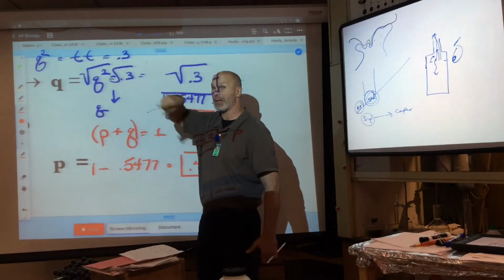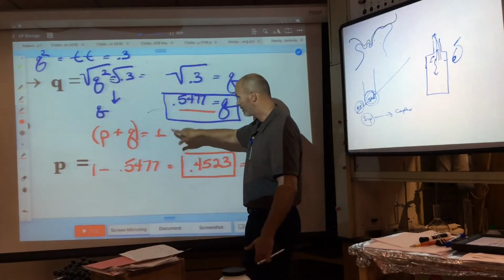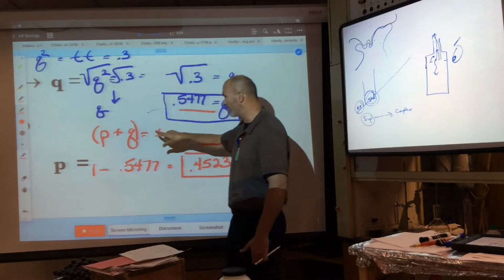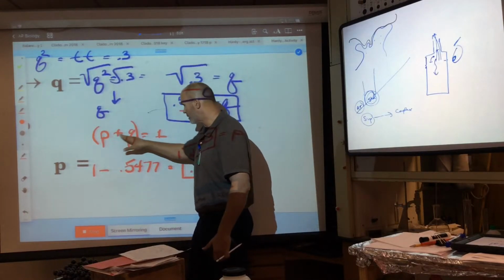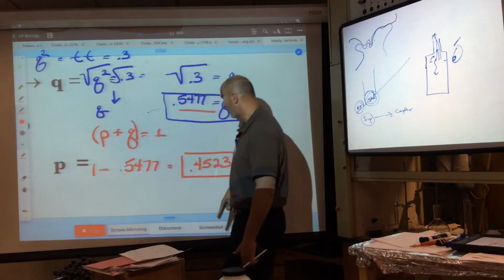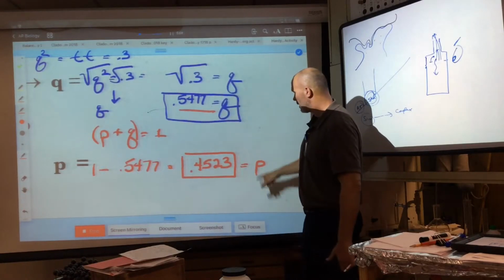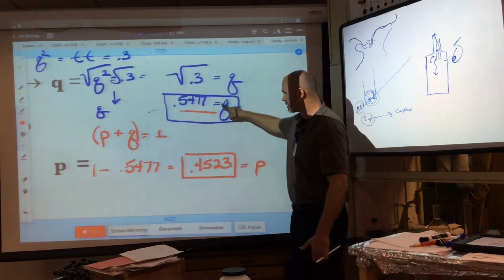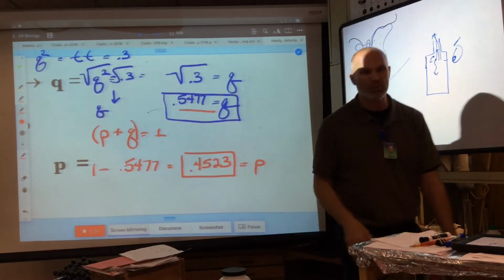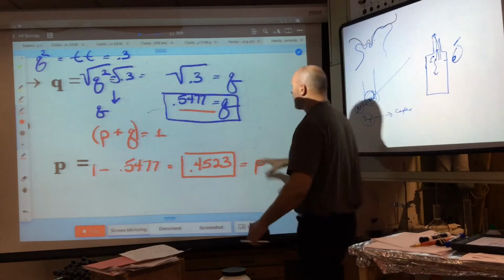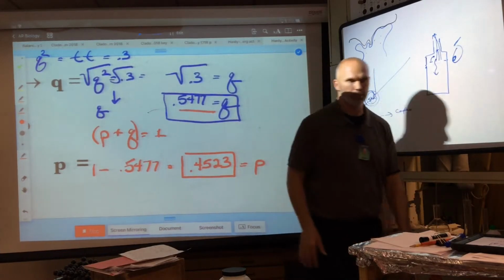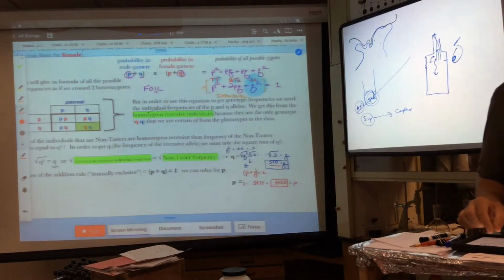To find Q, I square root to find the frequency of the recessive alleles. And I subtracted from 1 because P plus Q equals 1, so solve for it algebraically. You subtract that, and you got the P, because this plus this equals 1. And now I can do this math. I have my P's and my Q's, and now I can go and plug back into the formula. So let's go do that on the next page.